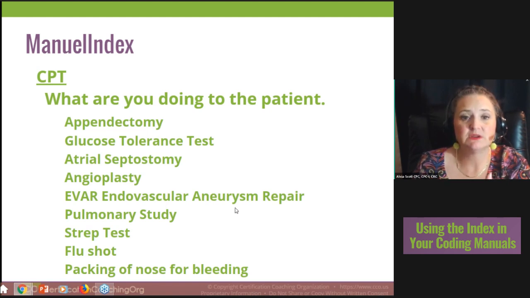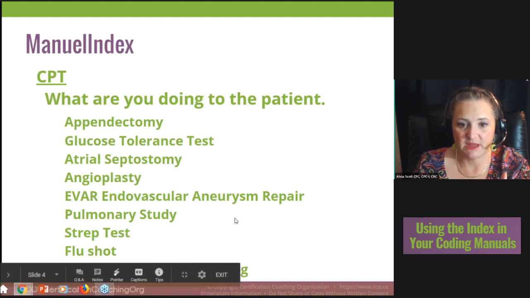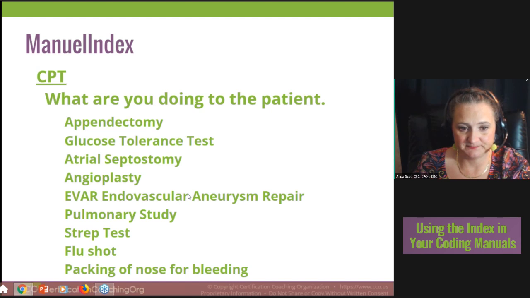We're not doing an aneurysm. The aneurysm is what they have. What type of an aneurysm do they have? Endovascular. Okay. And then what are we actually doing? We're doing a repair. So you're going to look under repair. Okay. And then it'll say aneurysm. And then it'll give you all the different types, and you'll pick endovascular.